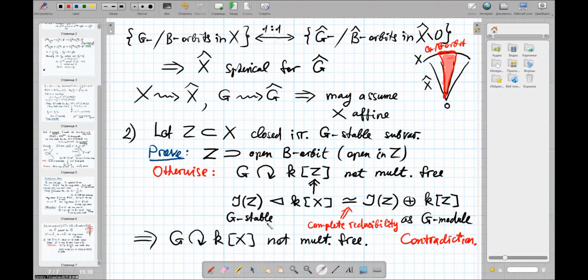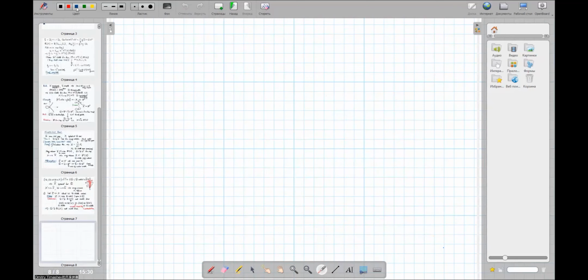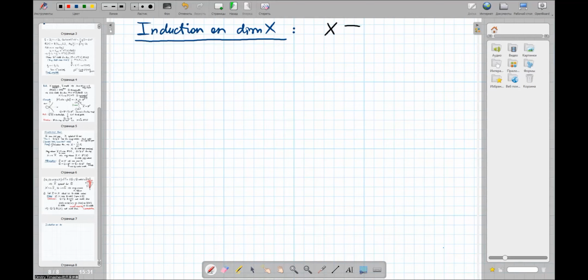So let me take maybe yet a couple of minutes to finish the proof. Okay? The end of the proof goes by induction on the dimension of X. Well, first, since X itself is spherical, it contains an open B orbit, and therefore it contains an open G orbit.